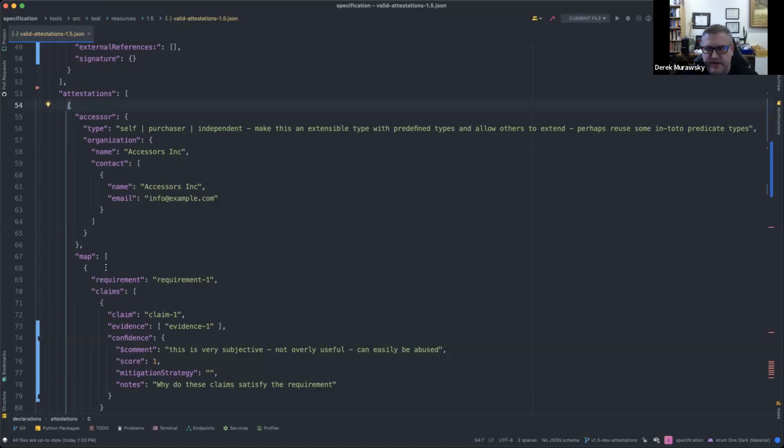We're talking about the internal scenario of my internal auditor or my external auditor going through, looking at my claims, looking at the evidence and saying, yes, they meet the requirement, or no, they don't meet the requirement, and here's the mitigation strategy. I do think that we actually could have that in either representation here. I don't know if one way is better or the other.